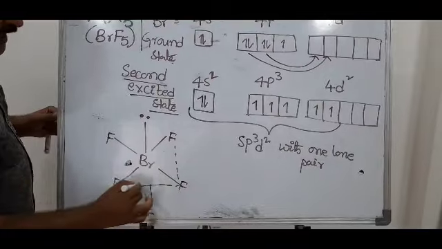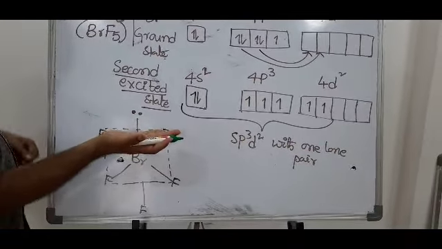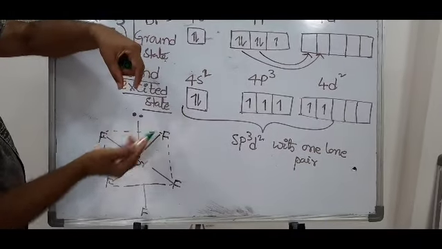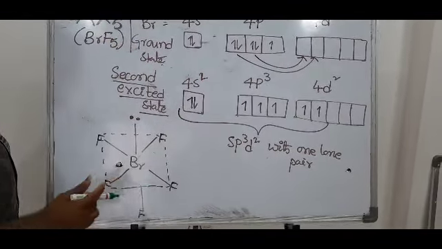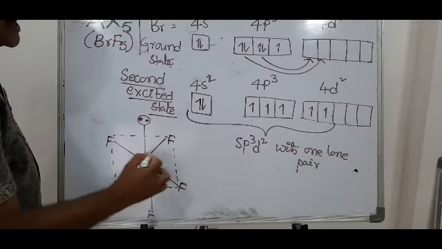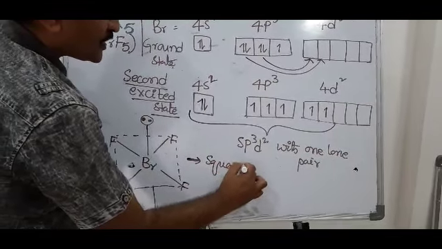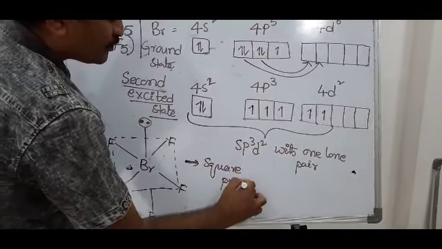The bromine atom and 4 fluorines are present on one plane. Above that, one lone pair is present on the bromine, and below, one fluorine. This lone pair causes some repulsion. As a result, this shape is called square pyramidal.